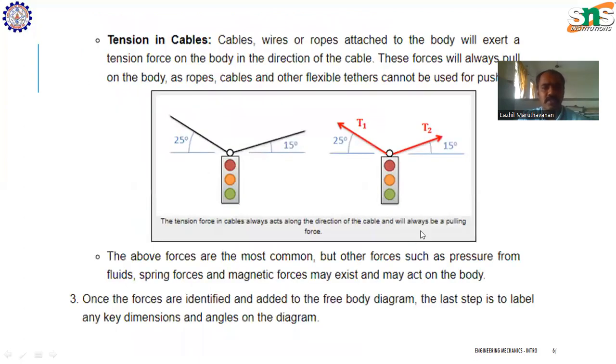Tensions. The tension will act in the direction opposite to the weight, which is falling down. Here we can see that a traffic light is hanging.